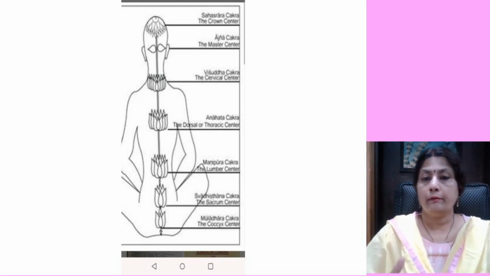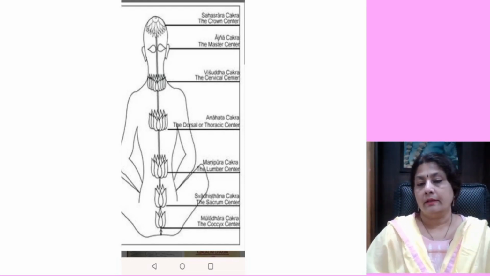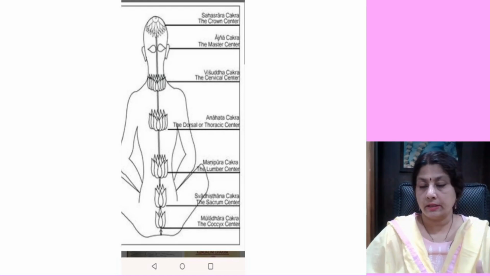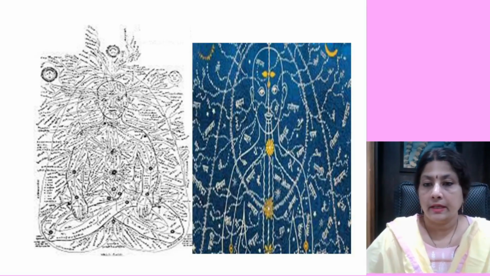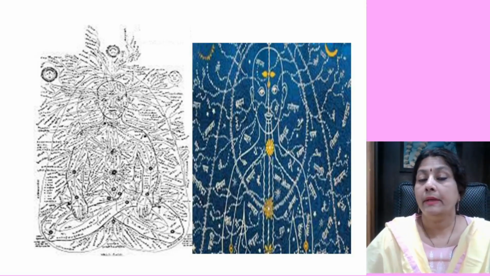So, this entire flow, which is required for the various sheets to be pierced, that process is now happening in the body. Apart from the sub nadis, which I just showed you, we have many minor nadis, many minor chakras throughout the body.